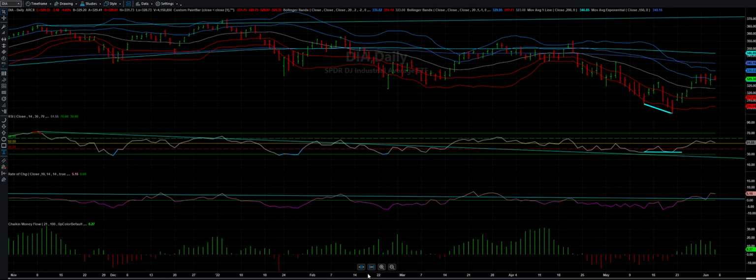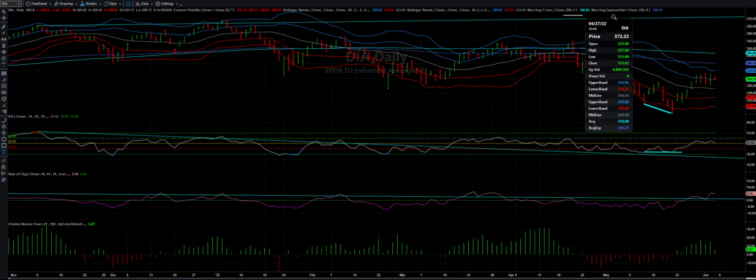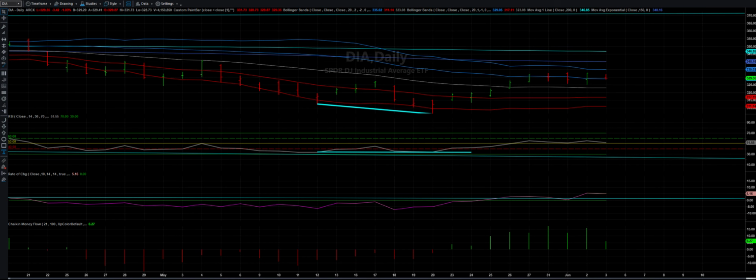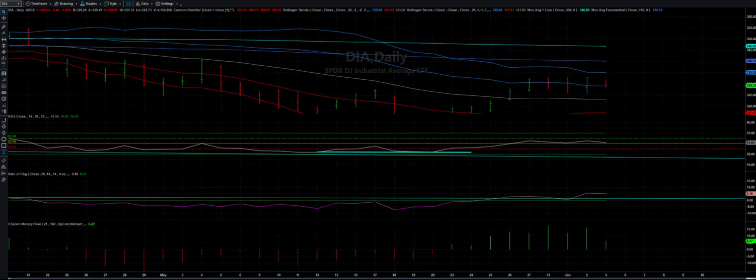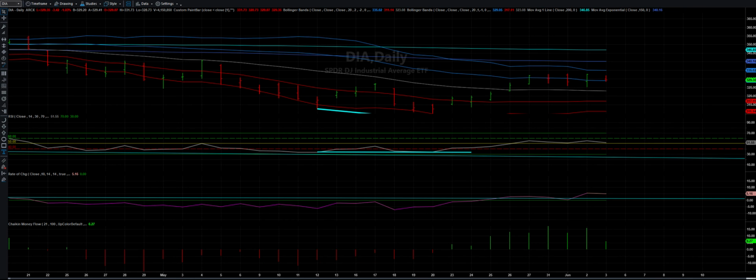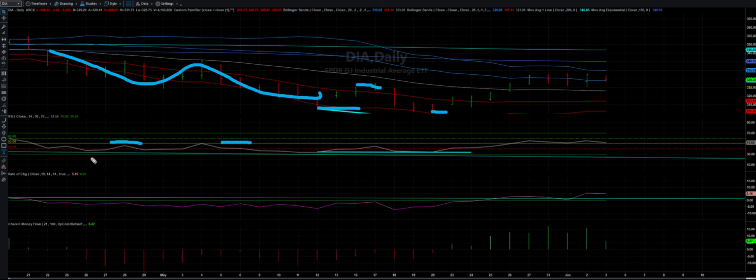If I expand this area right here, you'll notice that when we were having that real push to the downside and we hit those lower lows, the RSI never really got above the 50 level, this yellow line. We traded right up to the yellow line, rejection.